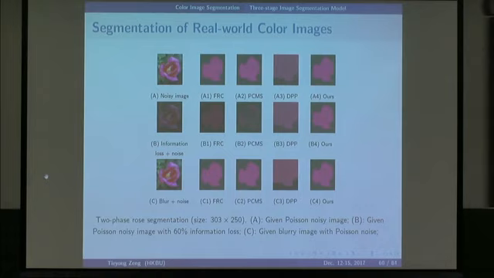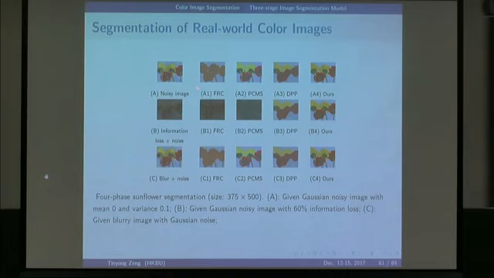More images. This is a noisy image, and we want to segment different parts: the red one, also the yellow one here. For DBP there could be some mixing here, and in our case we can find this contour.